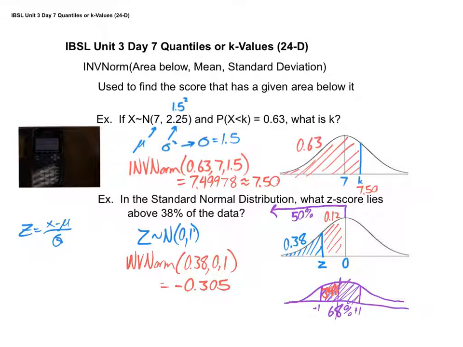Since this was only 12%, we're 12% below the 50. I know that -1 is going to be somewhere over here.